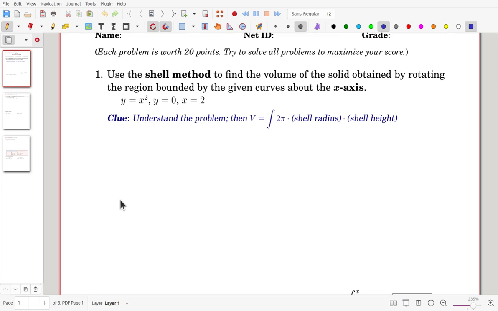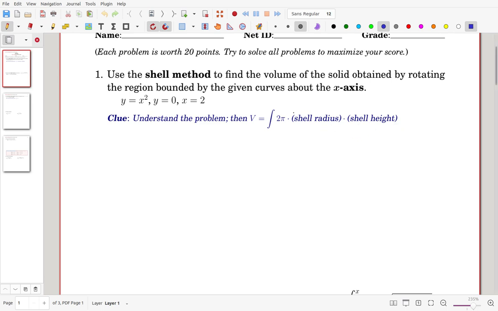Use the shell method to find the volume of the solid obtained by rotating the region bounded by the given curves about the x-axis. For this problem, you will have to understand the problem, and then the volume can be obtained as the integral of 2 pi r times the shell height.